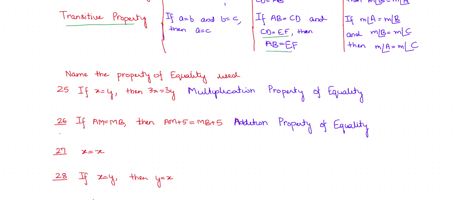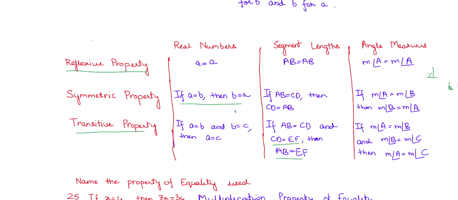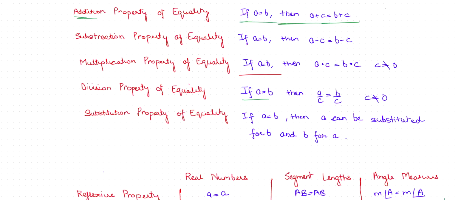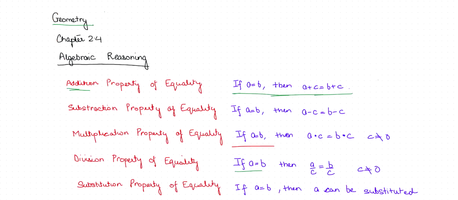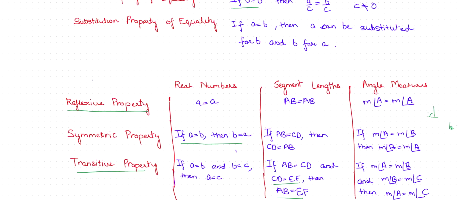Now the next is x is equal to x. So we know we used here x is equal to x. So this is a reflexive property. It comes from reflection, so reflex.